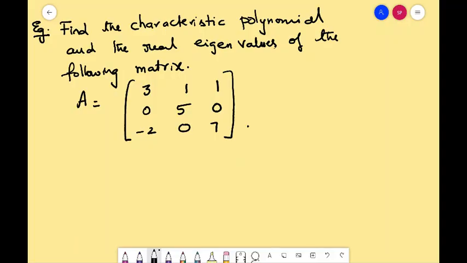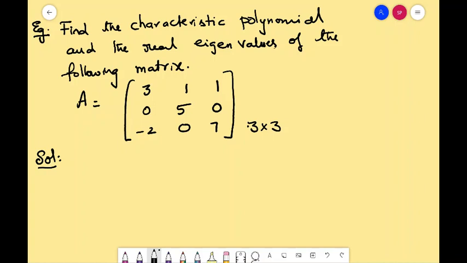Now let us look at the example where we have to find the characteristic polynomial and the corresponding real eigenvalues. So this is the question: find the characteristic polynomial and the real eigenvalues of the following matrix. Let us look at the solution. Here A is given as a 3 by 3 matrix.